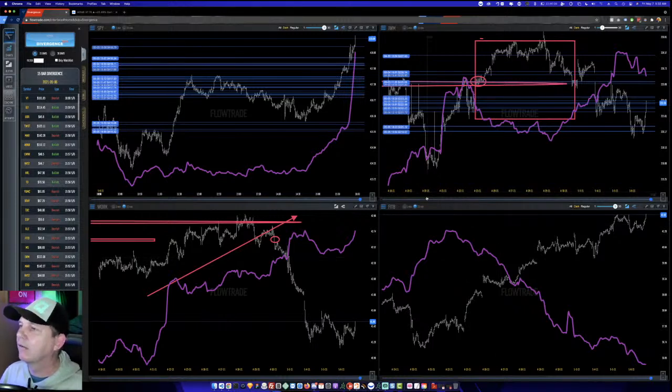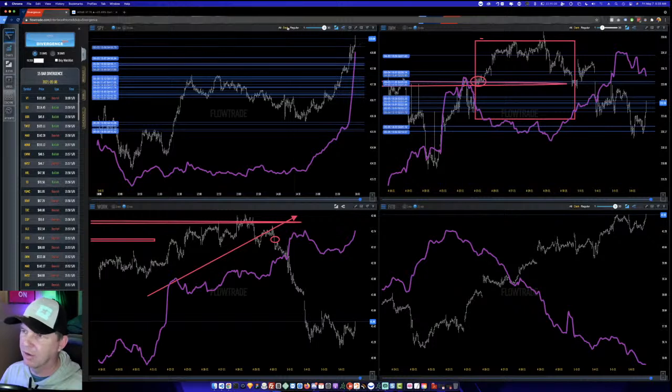All right, what we're looking at here is the 4-chart layout for the FlowTrade Smart Money Flow Index algorithm backend. All right, that's a mouthful. What you see on my chart is the white lines that you see. Those are price action. The purple line is the normal algorithm.